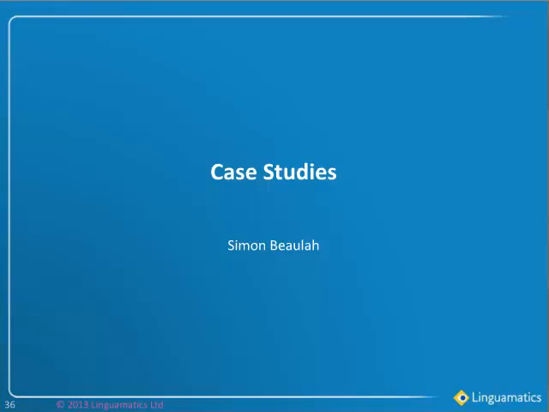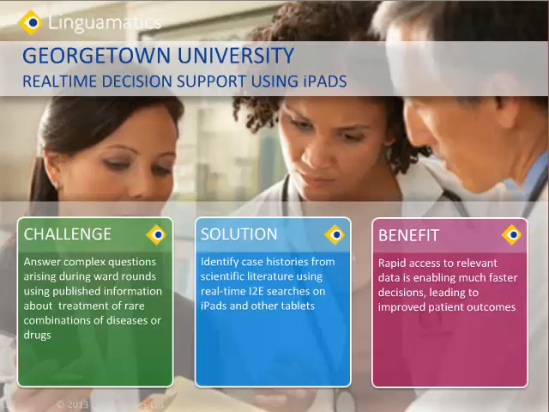Thanks, Andy. So we wanted to spend a few minutes just looking at some specific case studies, things that we're seeing in the industry, particular challenges that we're looking to address. So the first example we're going to look at is real-time decision support with clinicians within a hospital environment. Very important for clinicians to have access to very specific, timely information to help them make decisions as they're treating patients.